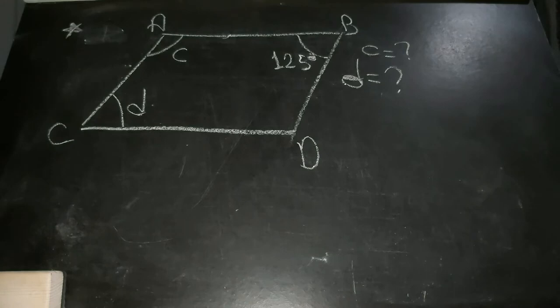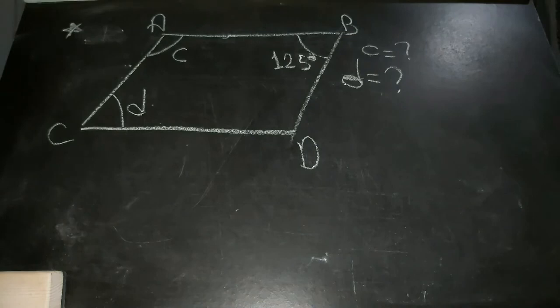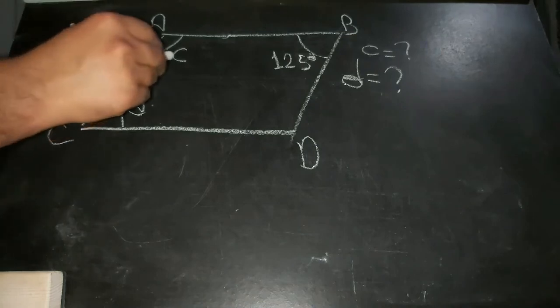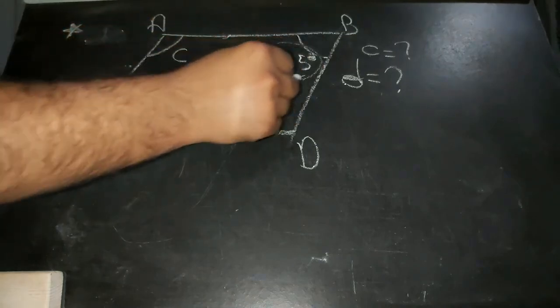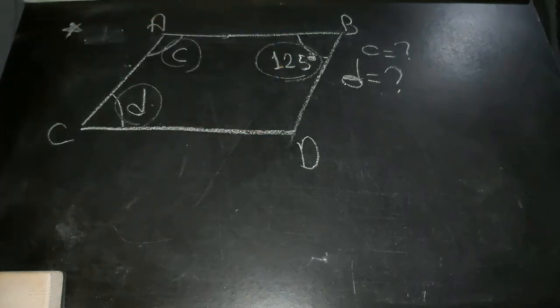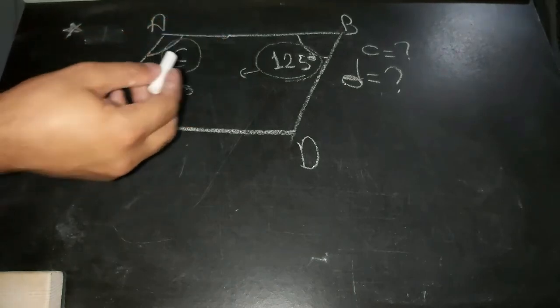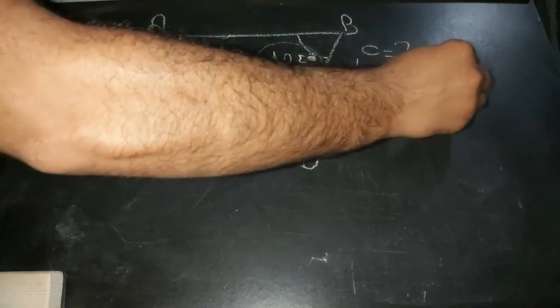So now let's have a look at this question. See, A, B, C, D are a parallelogram, and this is 125. What is C and what is D? Remember, according to properties of parallelogram, this and this angles are the same. So D is going to be 125.